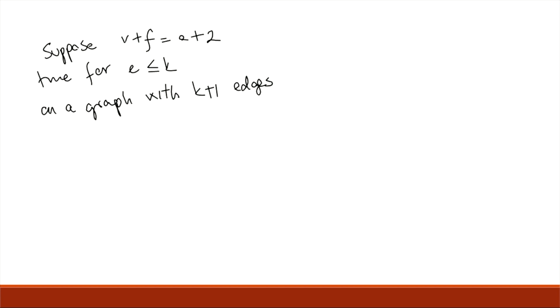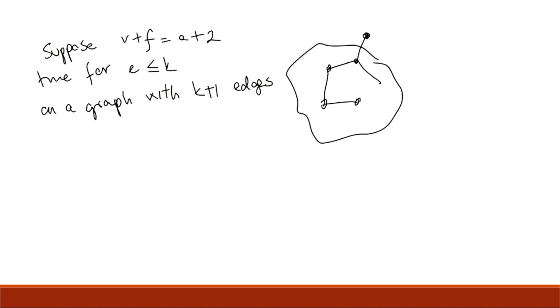One is, if we have a vertex that only has one edge, that only has one neighbor, then we can separate that vertex off, and then here we have a graph. And why that's good is because the part of the graph that I've circled only has k edges. And we know that our equation is going to be true for that one.